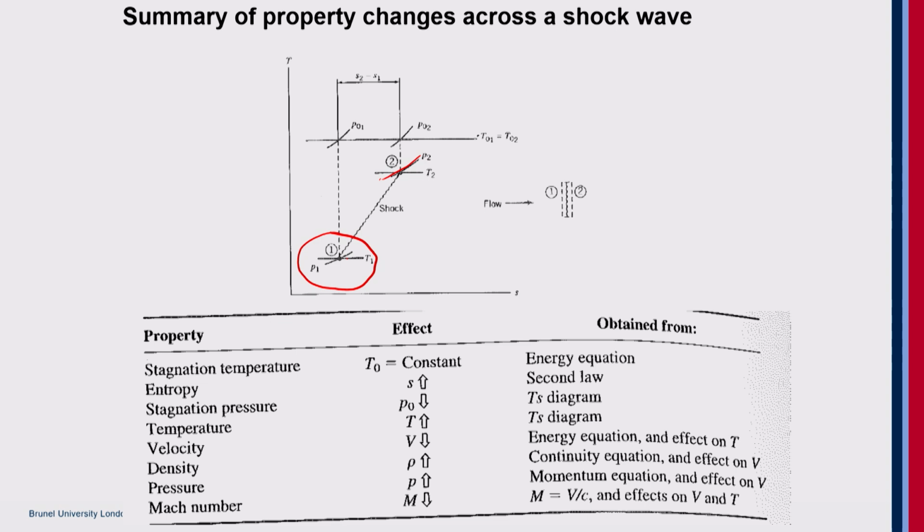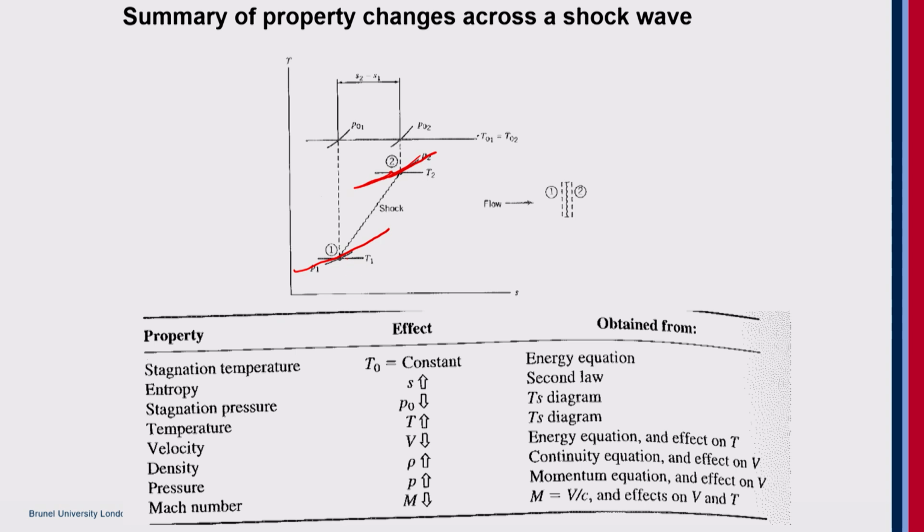This is the pressure P1 and this is the pressure P2, so the pressure has increased all the way up here. The temperature has also increased due to the formation of the shock wave.